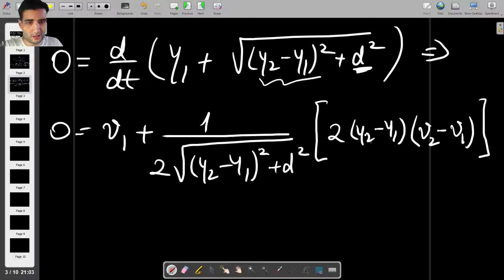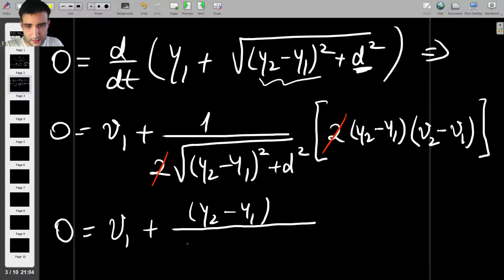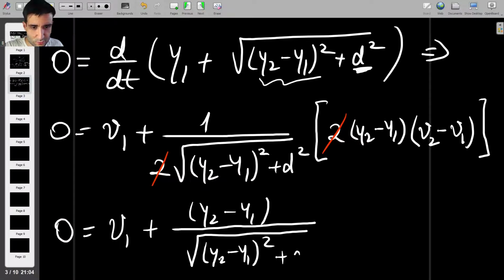So now you can see that you can cancel out the 2's. And what we'll get is that 0 equals v1 plus (y2 minus y1) divided by the square root of (y2 minus y1) squared plus d squared, times (v2 minus v1).